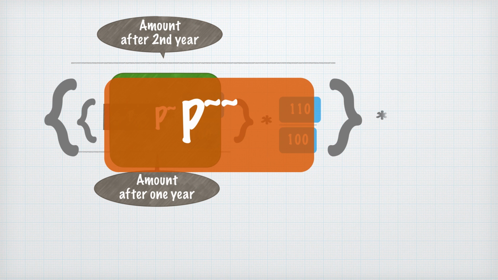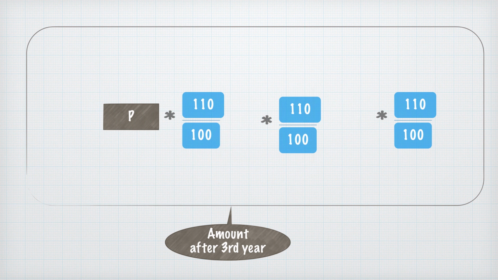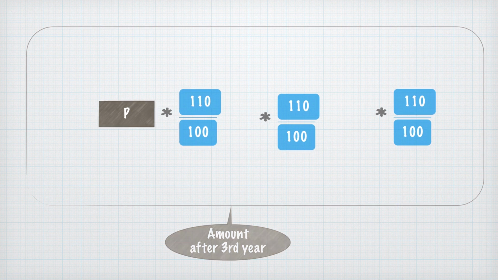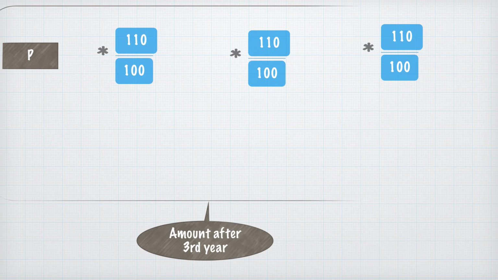And again, for the third year, this now will be multiplied by 110 upon 100. And finally, this is my amount after 3 years. If I remove all the symbols and the brackets, this is what I'm left with: P into 110 upon 100 into 110 upon 100 and into 110 upon 100, right? So get the idea that my final result will be 110 upon 100 cubed into principal.